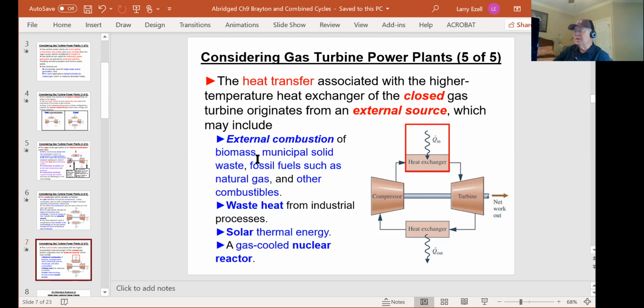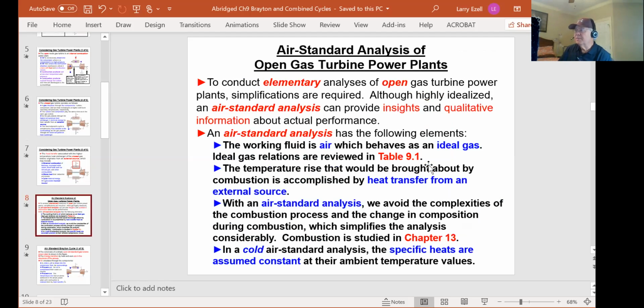You can use biomass, solid waste, municipal solid waste, not sure about that, you've got to get a gaseous fuel. Fossil fuels, natural gas, and other combustibles. Waste heat from industrial processes can be used to generate the heat in. Solar thermal energy, or a gas-cooled nuclear reactor. But generally, I'd say 95% of the gas turbine systems use natural gas as the fuel.